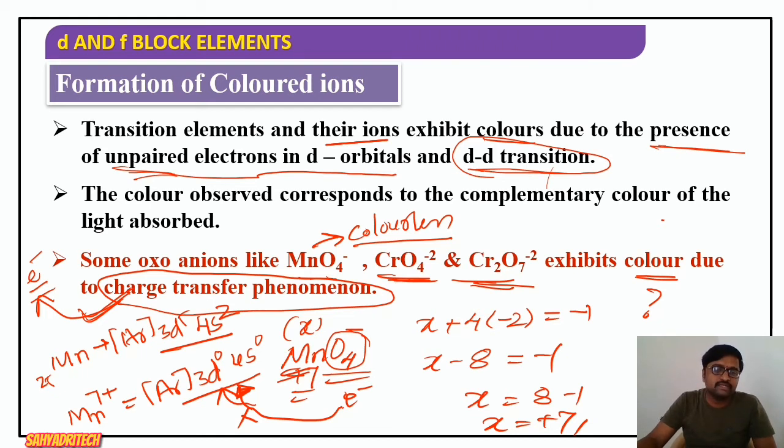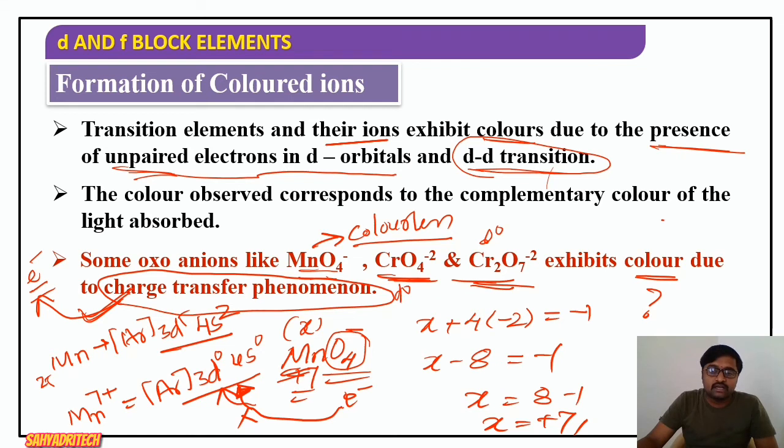Therefore we say oxoanions like MnO4 minus, and chromate CrO4 2 minus and dichromate Cr2O7 2 minus ions exhibit color even though they have a d0 configuration.